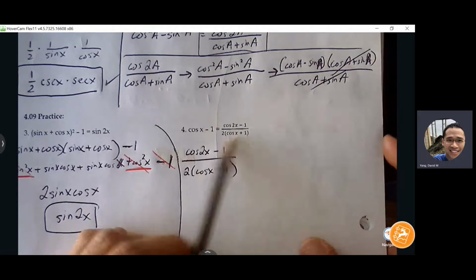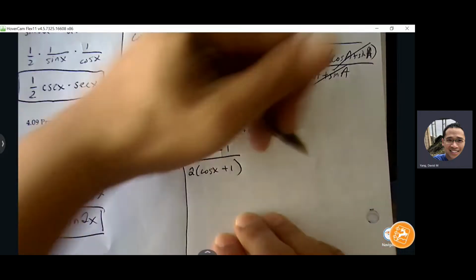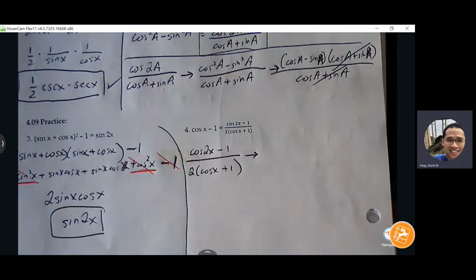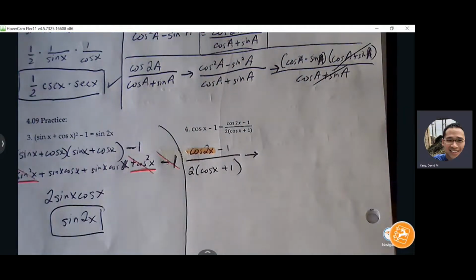Yeah, because everything is in terms of cosine, right? So our educated guess is, if I get everything in terms of cosine, then it'll be naturally easier to merge things together if I have everything in the same trig function. So I'm going to replace that cosine 2x with 2 cosine squared x minus 1.